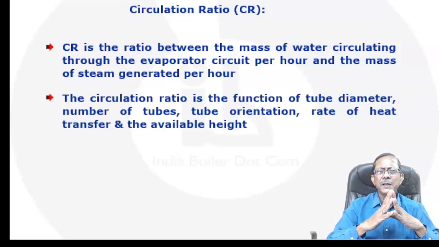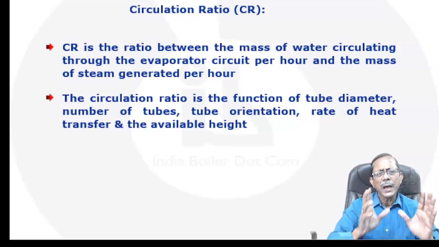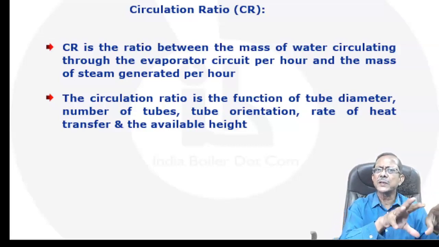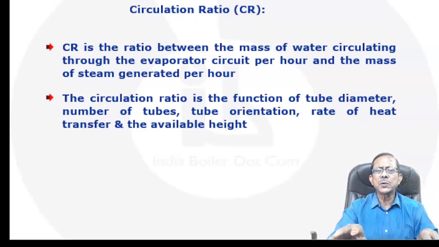Now definitely this is not possible for an operation and maintenance engineer. It is the designer's job, so let it be their job. The point is, why do I need to calculate the circulation ratio? I need to just understand one thing, that yes, circulation is required in my system, and I need to take care of those factors which are affecting the circulation.